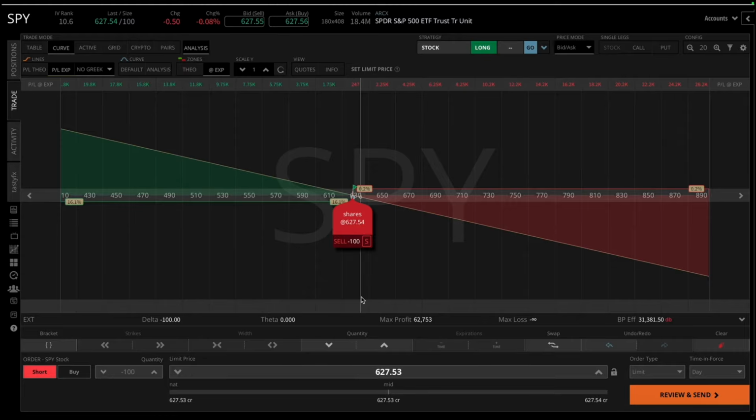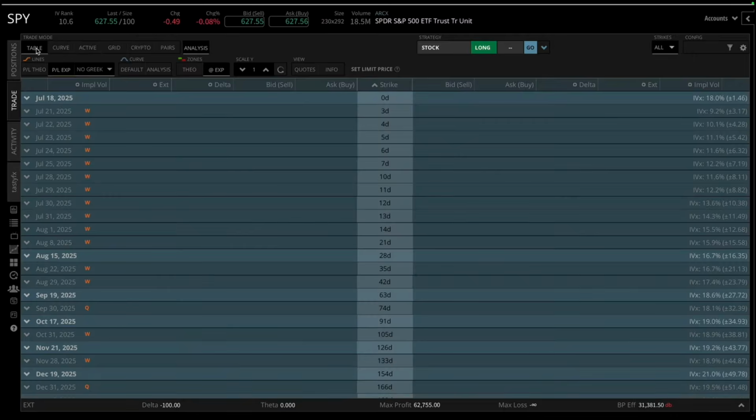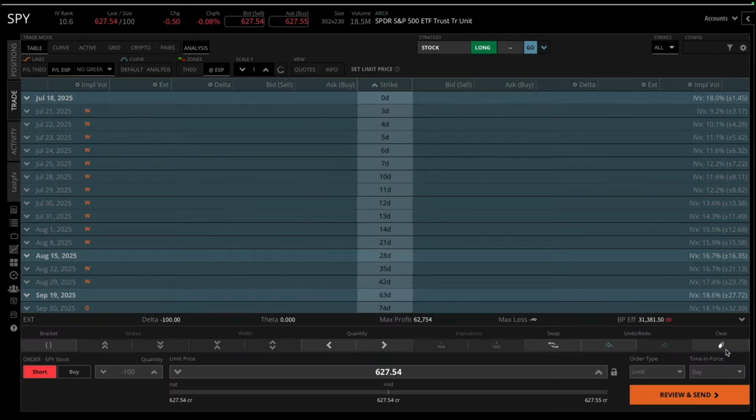And you can see here that the position loses as the share price of SPY appreciates in value. And of course, the position makes money as the share price of SPY decreases in value. So pretty straightforward there.